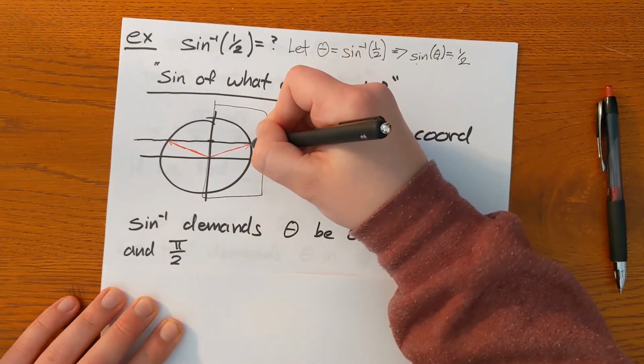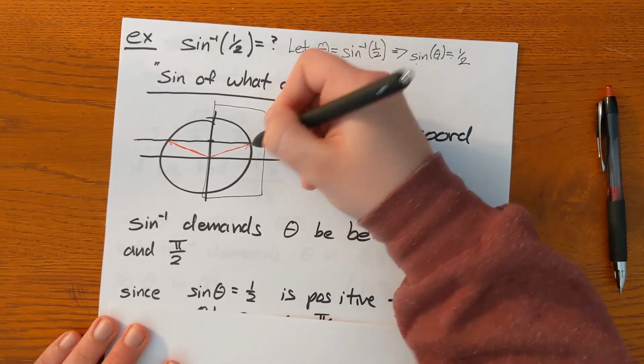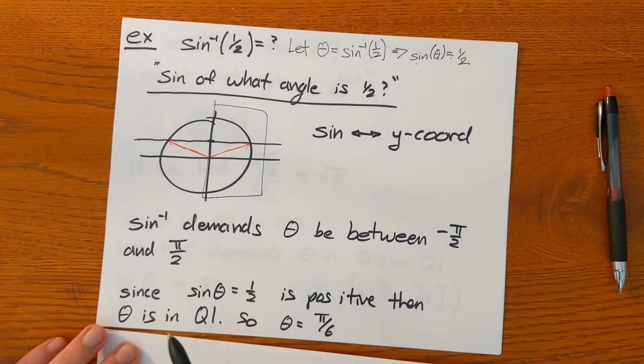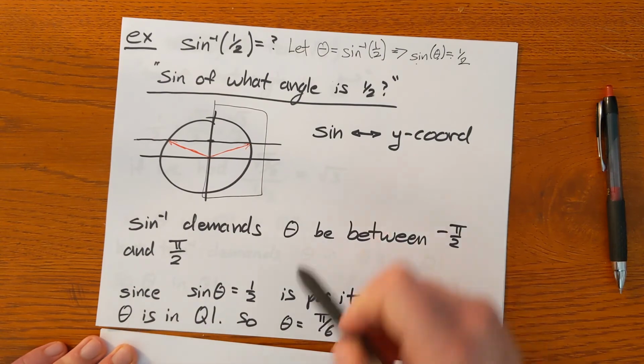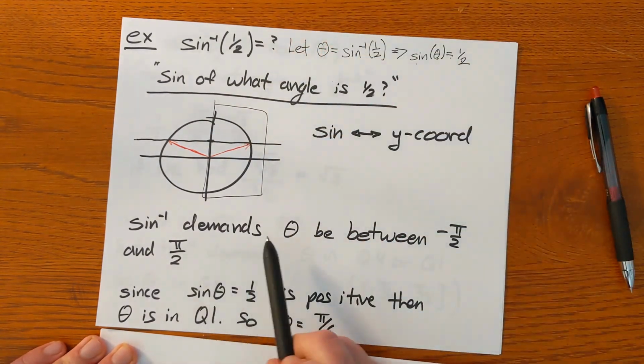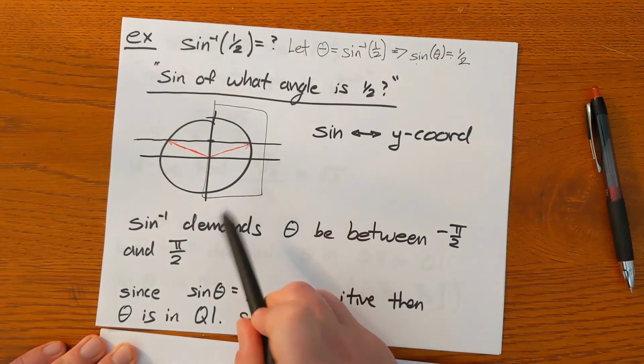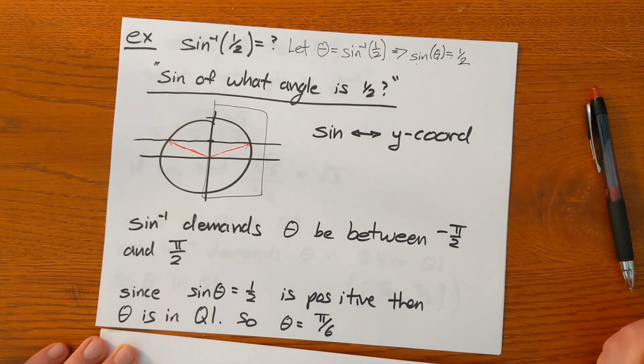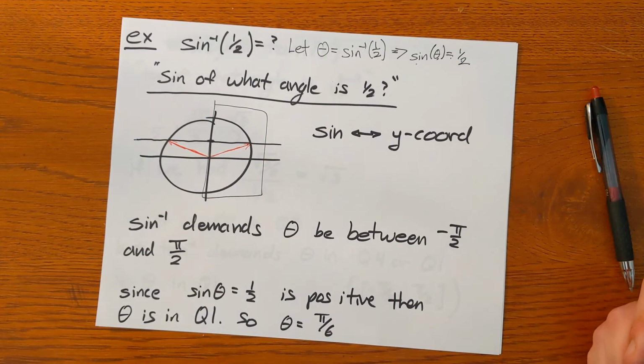So that means that our angle has to be this one. And that's what this says here. Since sine of theta equals 1/2, that means sine is positive. Then theta has to be in quadrant 1, because we were either in quadrant 2 or 1, but this says your only options are quadrants 1 or 4, so it's in 1.